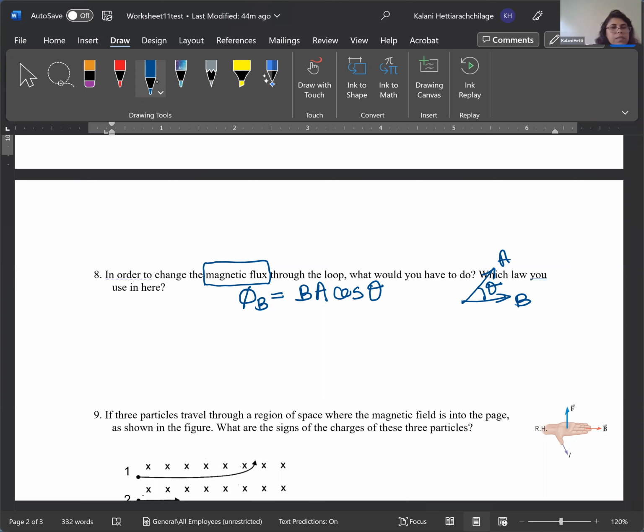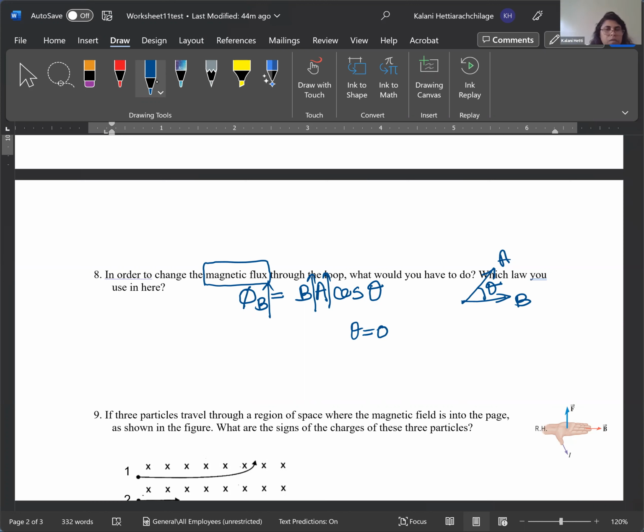Okay, so this is in order to, what would you have to do, right? So now if I need this one to be greater, I definitely can have B greater, A greater, and when theta equals 0, that will give you the maximum flux, right? Make stronger flux when theta equals 0.